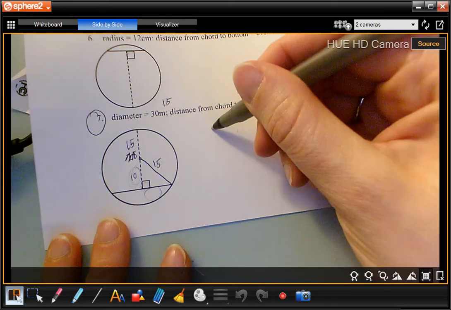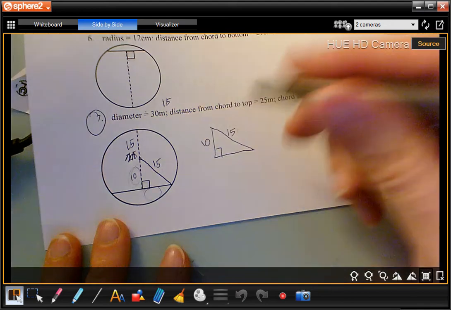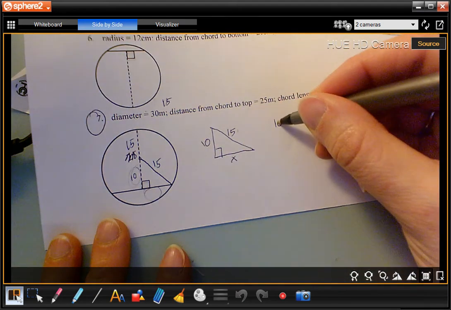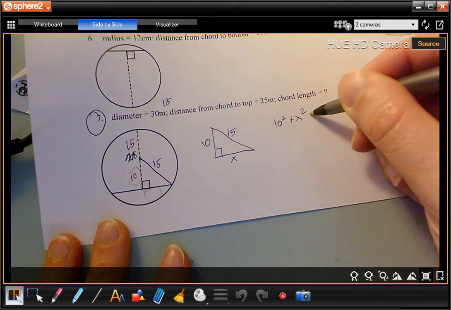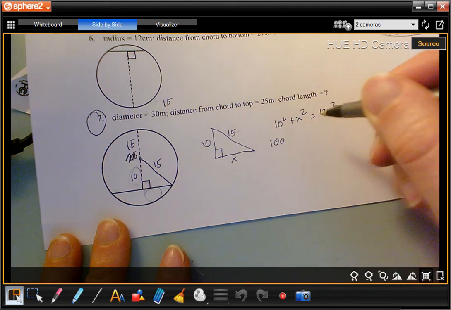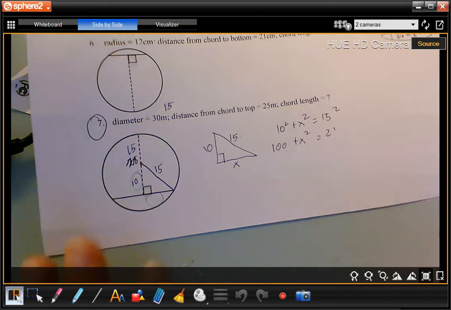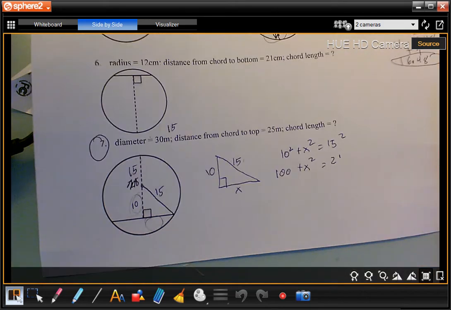Okay, so now again, I have a right triangle, 15, 10, and we're going to call this x. 10 squared plus x squared equals 15 squared. 10 times 10 is 100, plus x squared equals... Oh, 15 times 15 is not 25, it's 255, I believe.